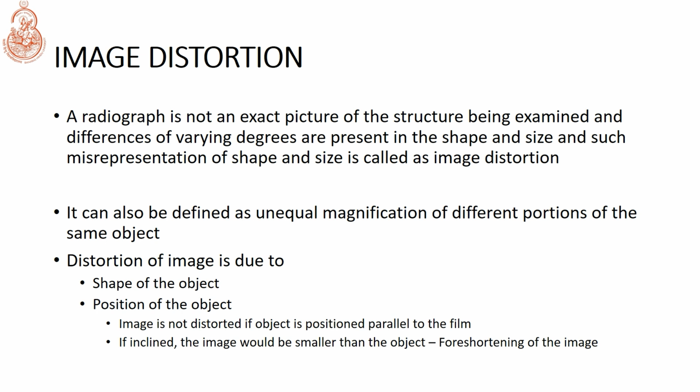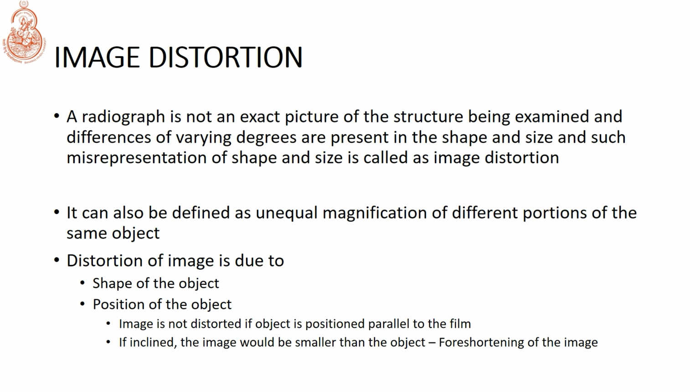So I would like to say, if you have to take a radiograph of any part, make sure that the part and the film are placed at a 90-degree angle to the X-rays. It shall hit at a 90-degree angle, in a straight line.